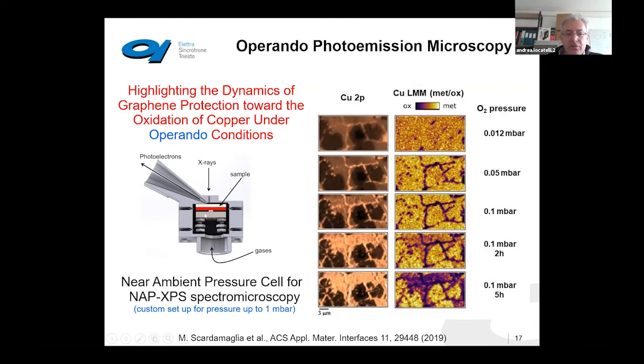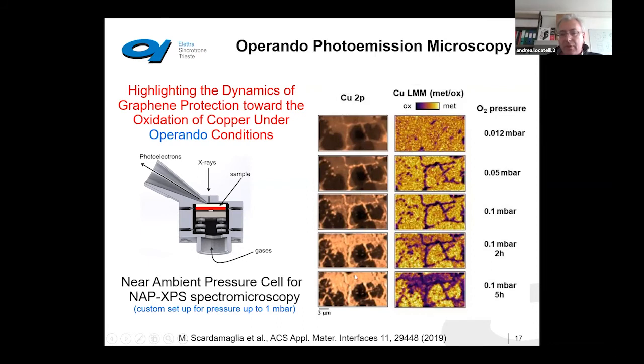And there are tiny holes which allow the X-rays to reach the sample and the photoelectrons to reach the energy analyzer. And in this way, even if the local pressure at the sample is close to 1 millibar, they can still keep their UHV apparatus in high vacuum and operate using standard operation.